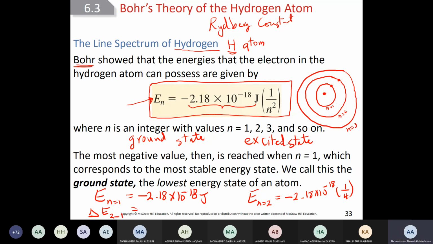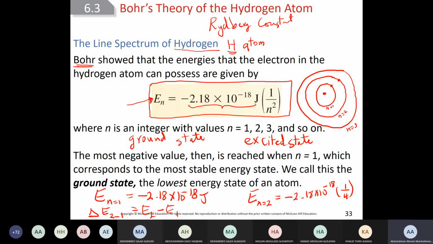If I go from 2 to 1, it will equal E2 minus E1. Clear? And you can calculate it this way.